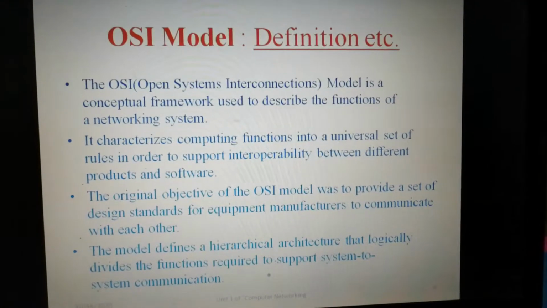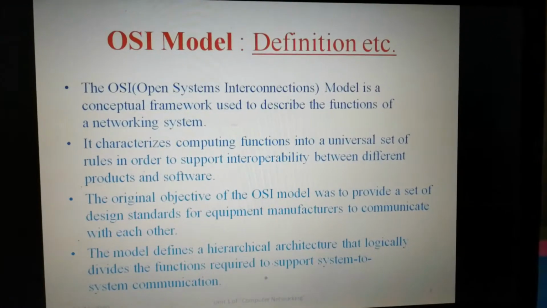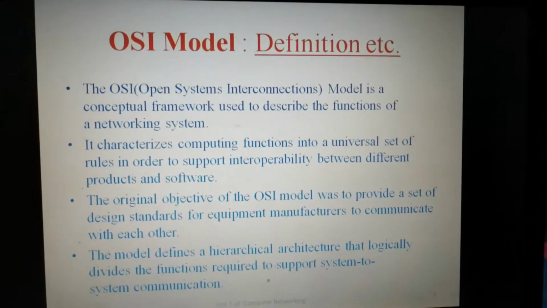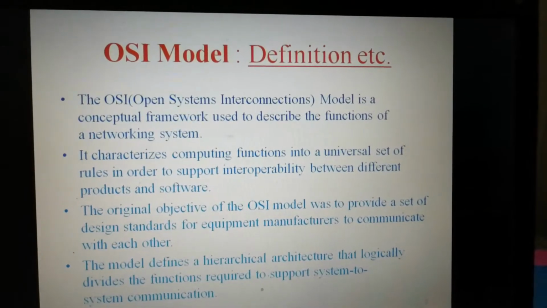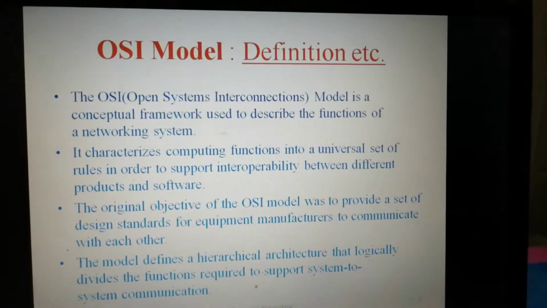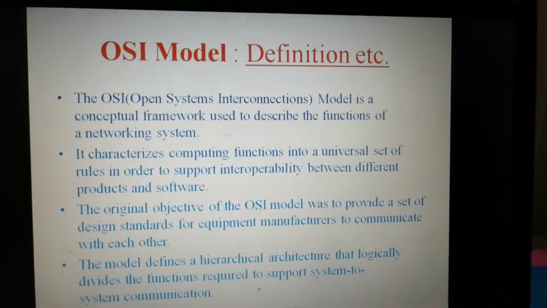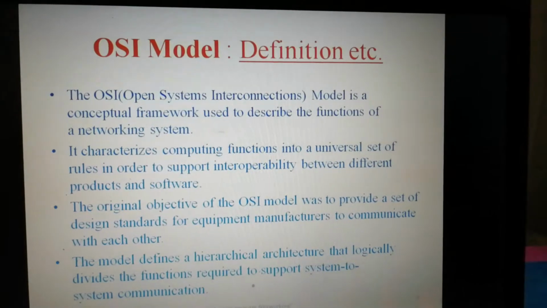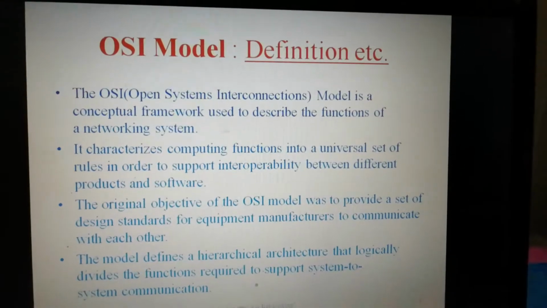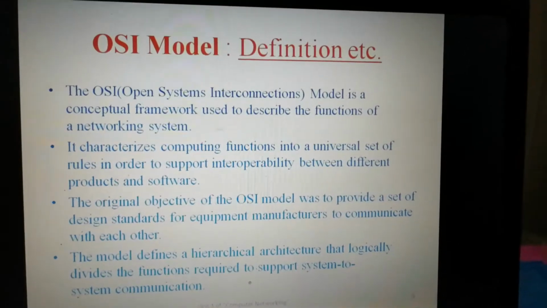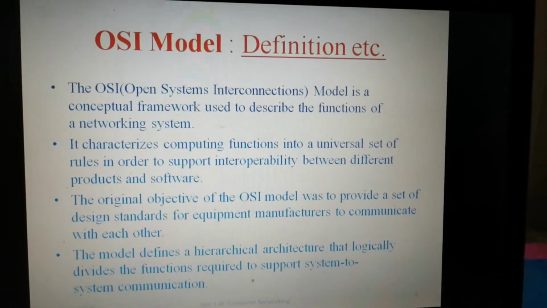products and software. Point number 3, the original objective of the OSI model was to provide a set of design standards for equipment manufacturers to communicate with each other. Fine. So the prime objective of the OSI model was to communicate with each other, and that was from the equipment manufacturers.